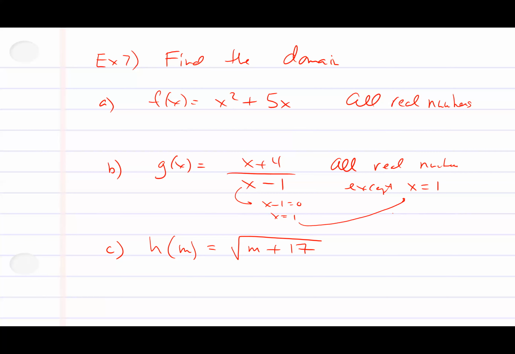For this one, what we do algebraically is say this guy has to be greater than or equal to 0. So this turns into an algebra equation. Subtract the 17 from both sides, and we got ourselves m. So how about this? All real numbers.